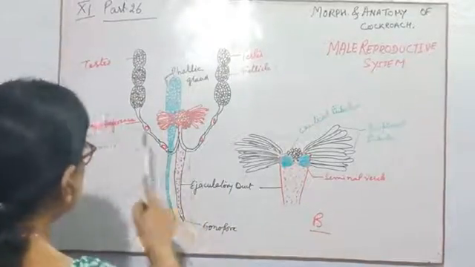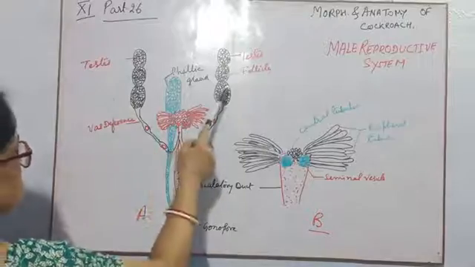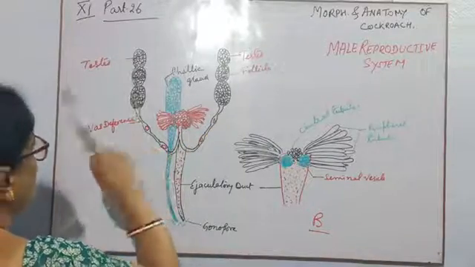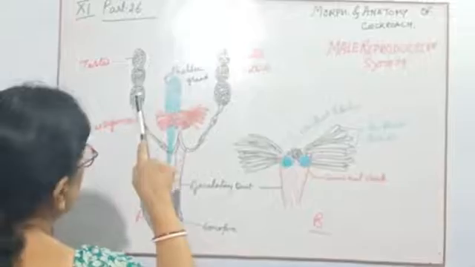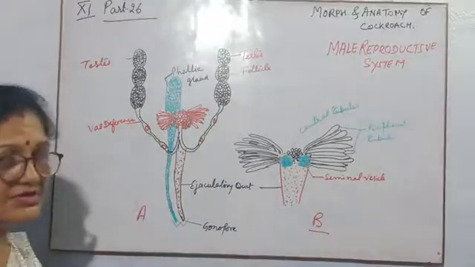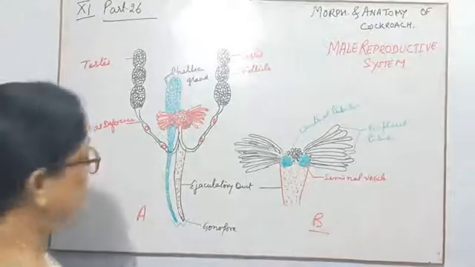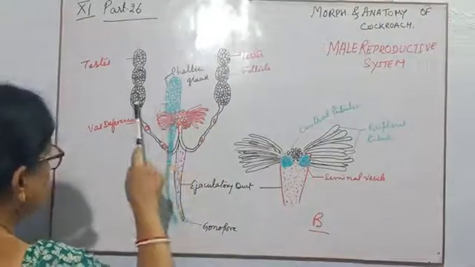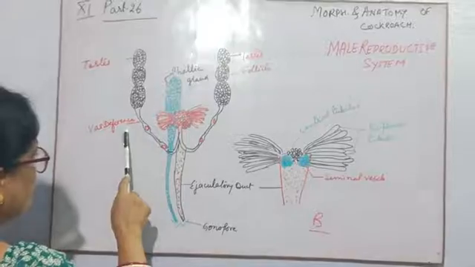From the beginning, children, these are the testes, which are three-lobed, or lobulated, structures. In the testes there are follicles. Follicles are transparent and many in number, and from the testes the vas deferens arises.